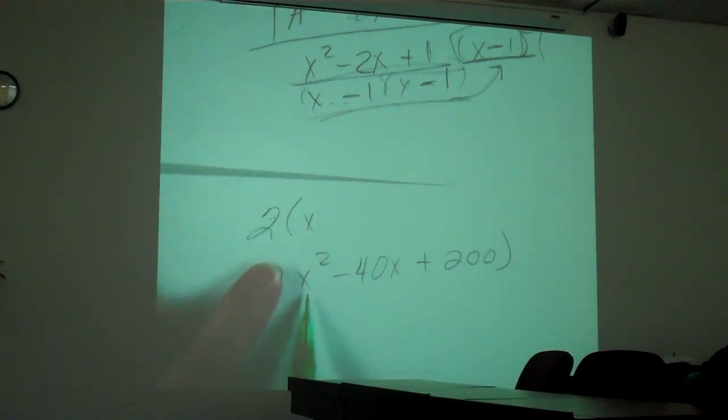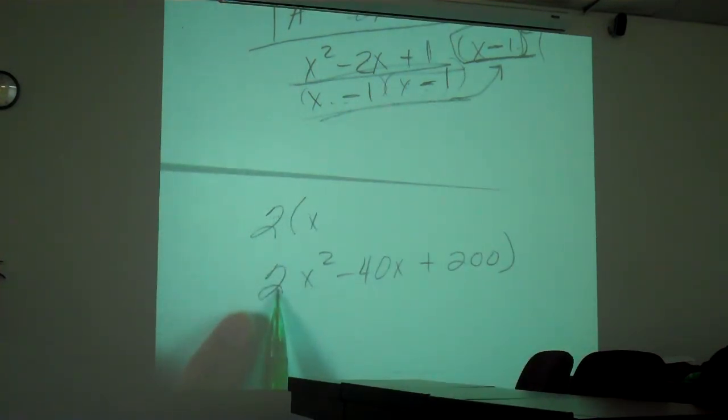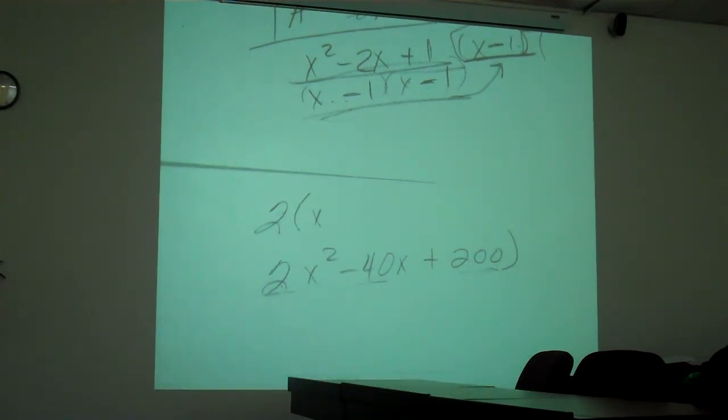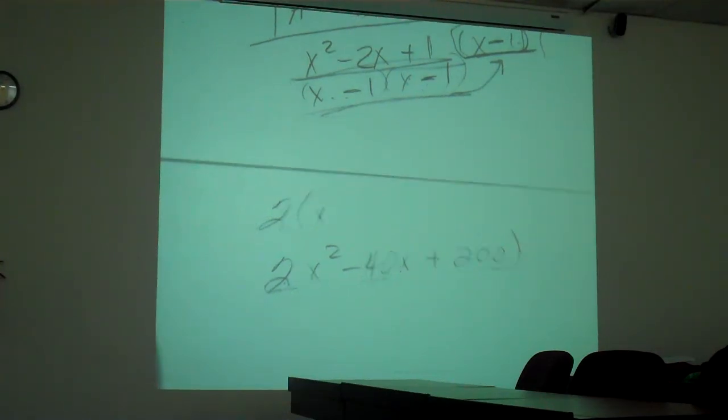See, this term is not a perfect square with the 2 in front. You need to factor the 2 out first. Do that part first.